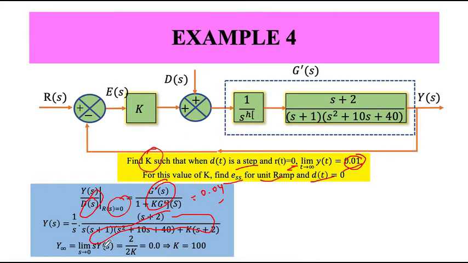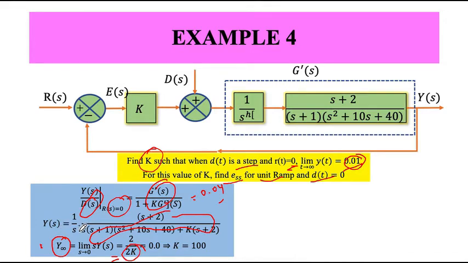Okay, and this entire thing here expanded to this. Now y infinity, again I apply the final value theorem. Y infinity by the final value theorem is the limit as s approaches 0 of s times Y(s), and I do all the maths and I get 2 by 2k.